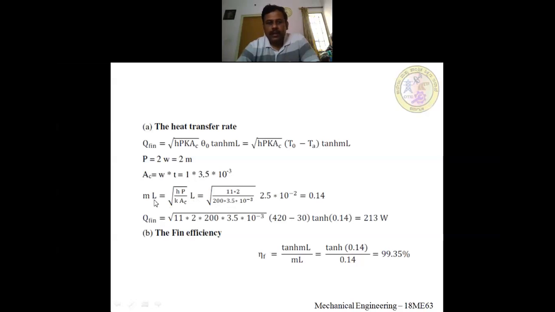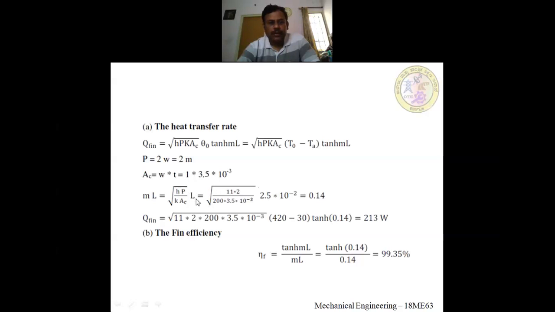Next, mL is equal to square root of hP by kAc times L, which is equal to square root of h is 11, perimeter calculated 2, thermal conductivity 200, cross-section area 3.5 into 10 to the power of minus 3, into length.